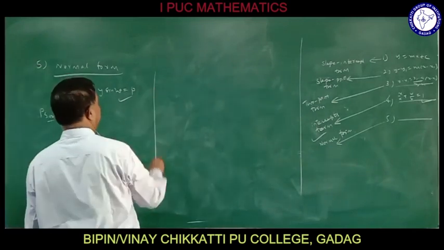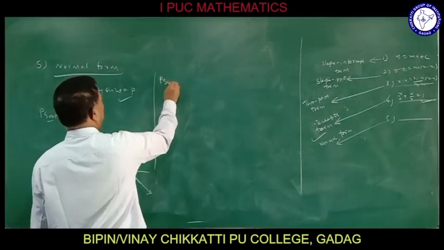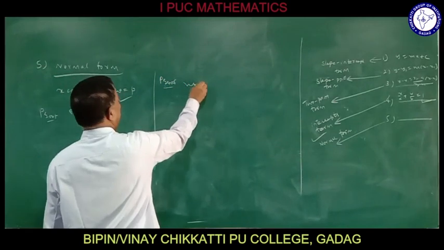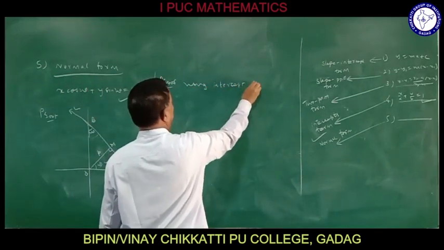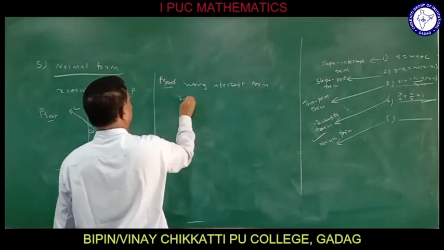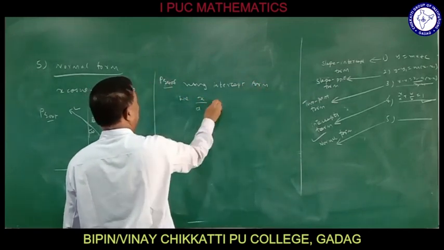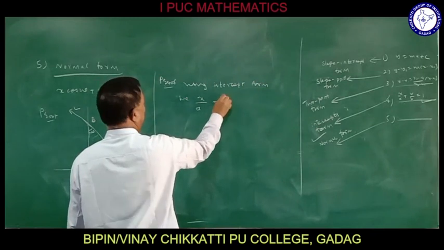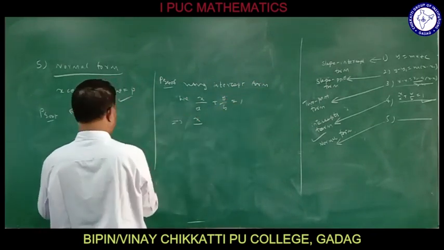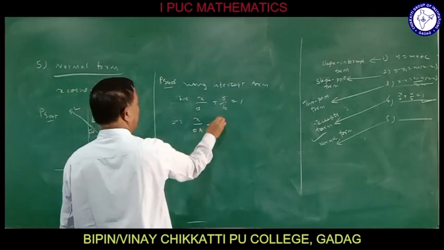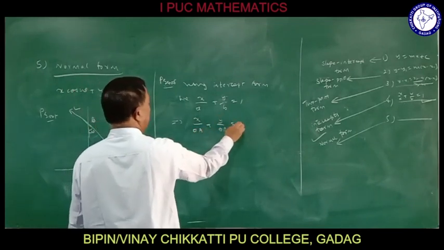Using the intercepts form, we have x by a plus y by b equal to 1. So x by a means OA, plus y by OB is equal to 1.